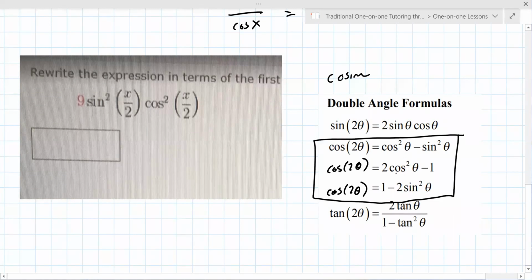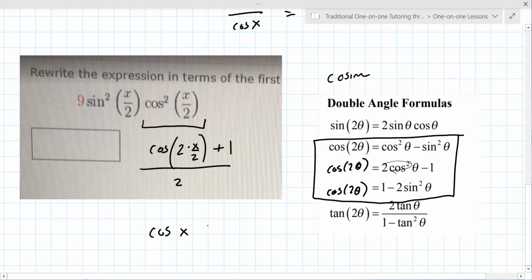So the cosine squared, this first one, you add 1, divide by 2. So instead of this right here, you get cosine 2 theta. So really it's 2 times this x over 2 plus 1 divided by 2. So that reduces to cosine x plus 1 over 2.